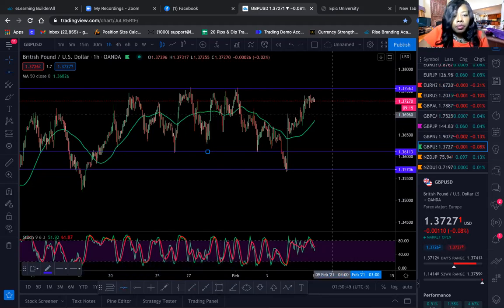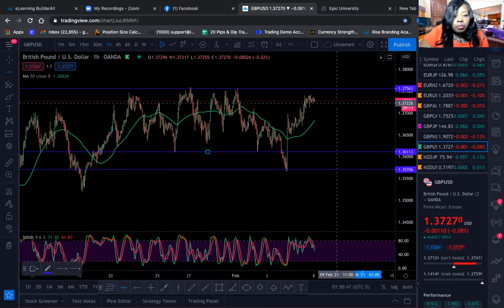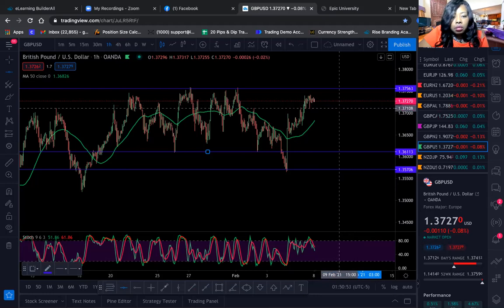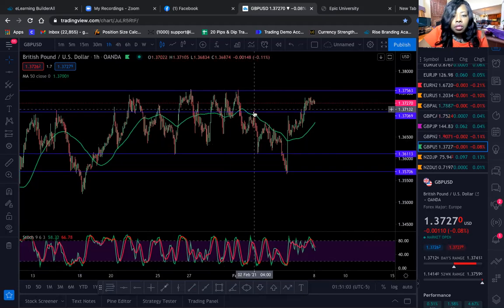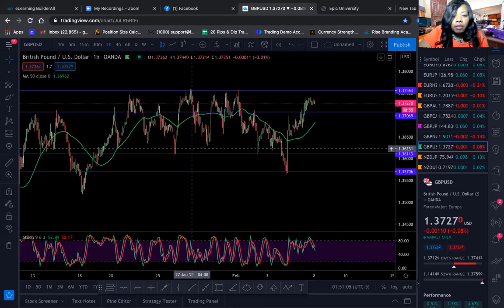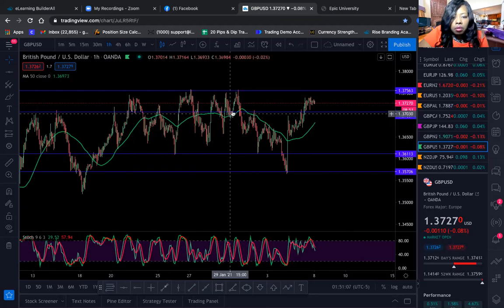Let's grab another, and we're going to put this line right, let's see, right here. Okay, why? Because you have levels of support and resistance here. You have levels in here.